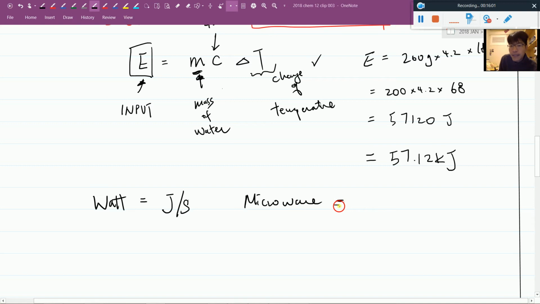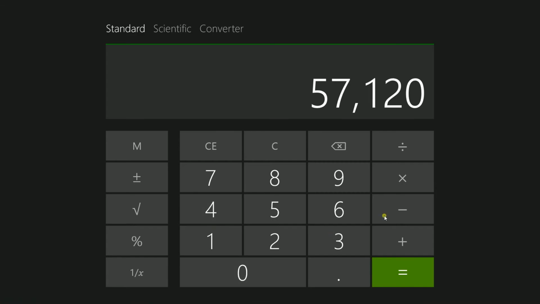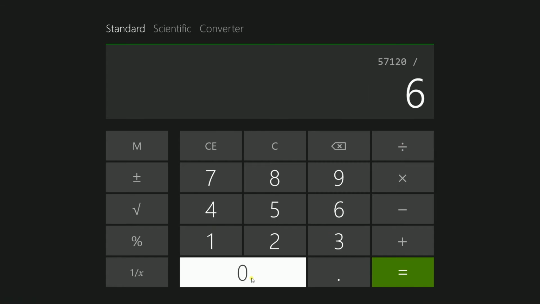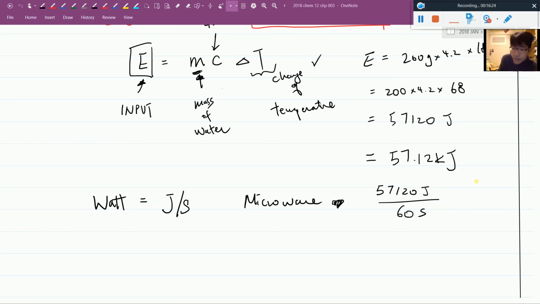The microwave gives out 57,120 joules in 60 seconds, and the answer would be 952. The microwave is close to 1000, right?